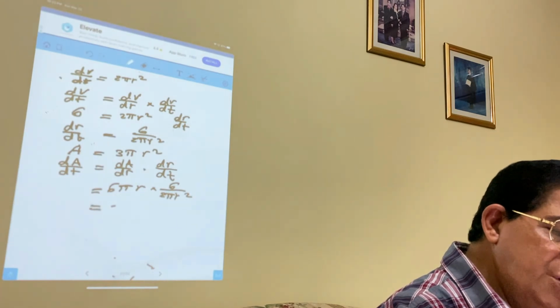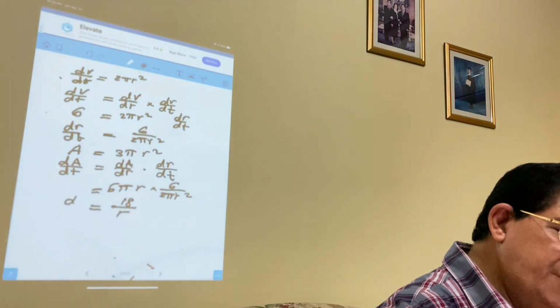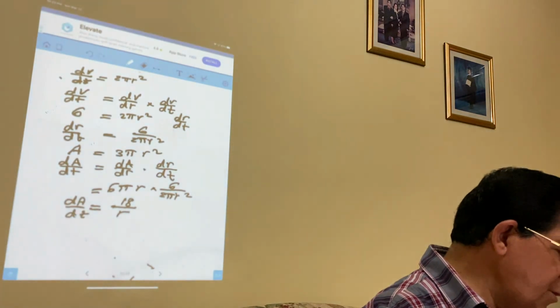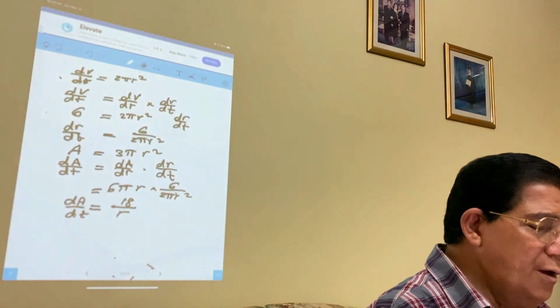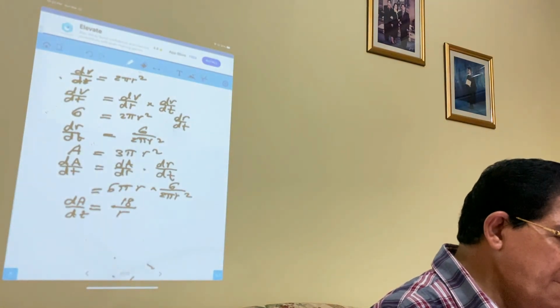From this, we get 36 over 2, 18 over r. Therefore, we have dA by dt is 18 over r. Given the value of r, we can get dA by dt. Right.